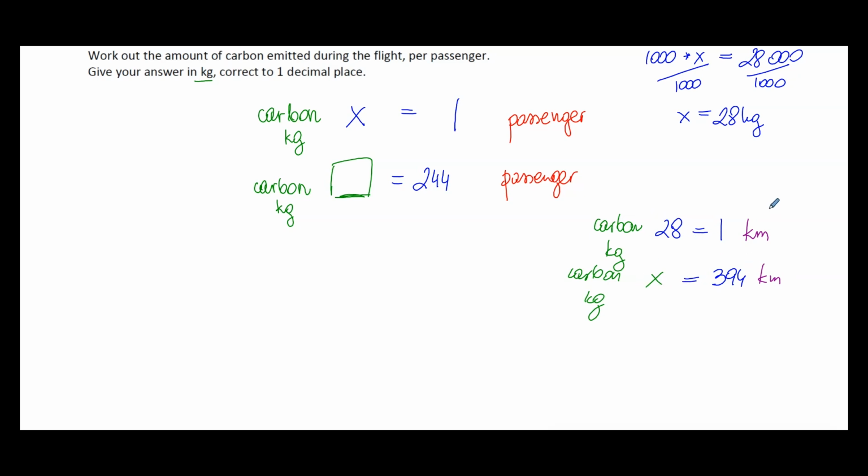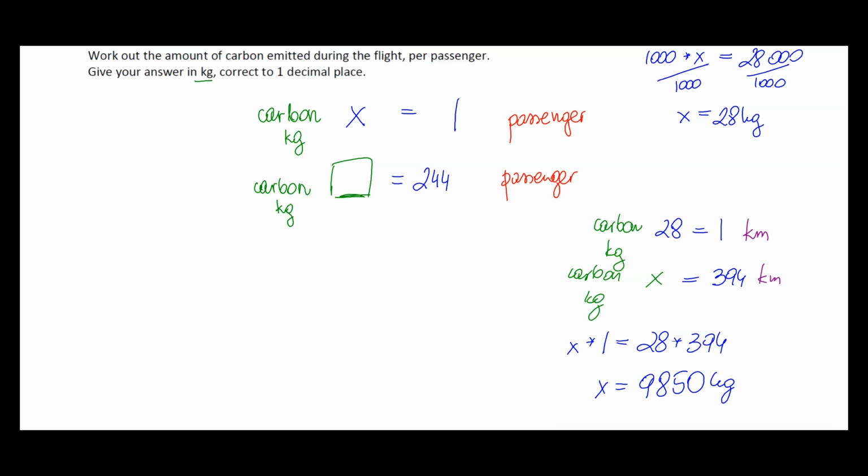How do we do it? We multiply across. X multiplied by 1, which is just x, equals 28 multiplied by 394. Let's put that in the calculator and see. That will give us 9850 kilograms of carbon emitted during the flight.